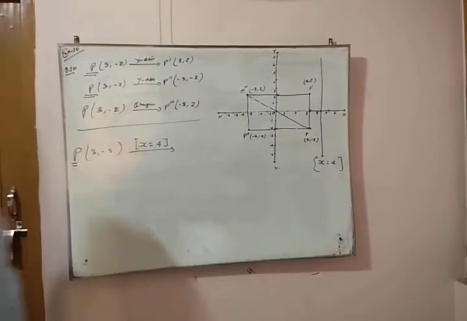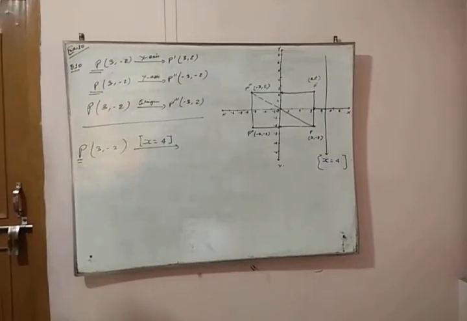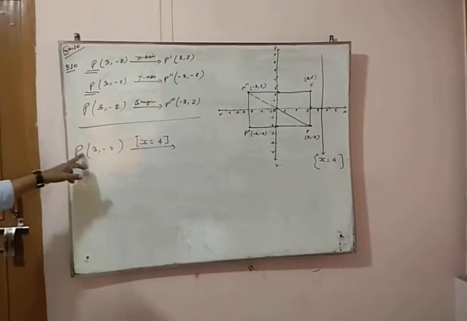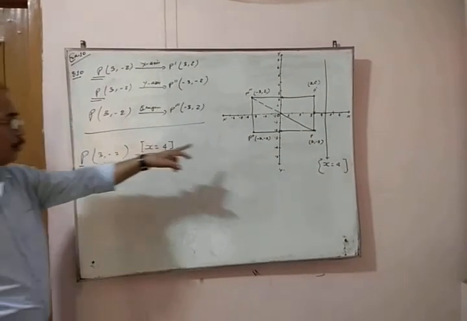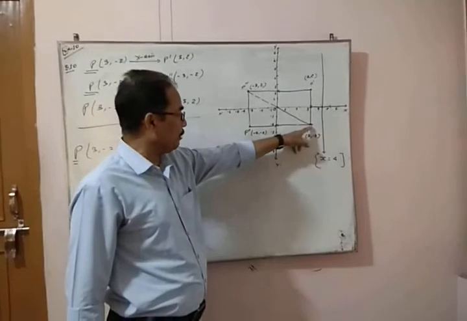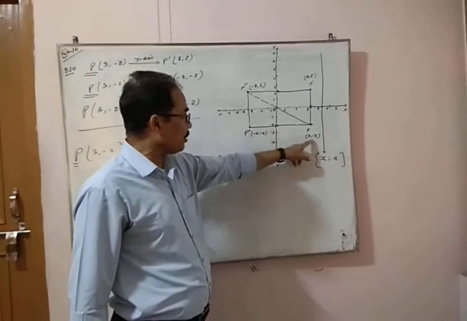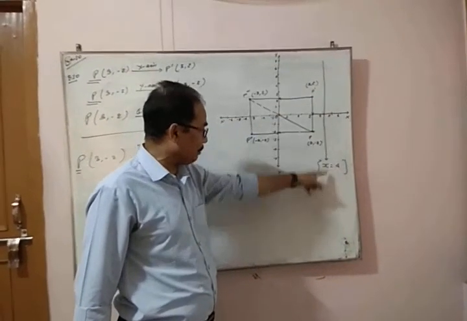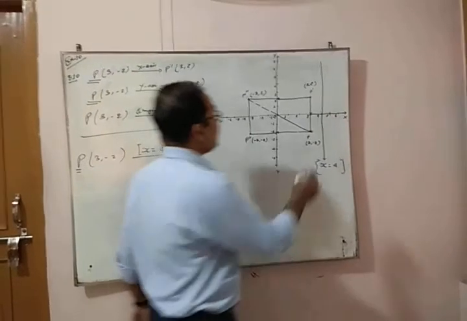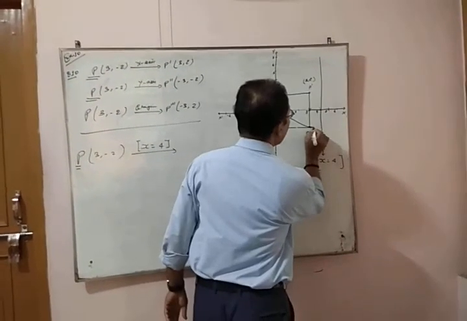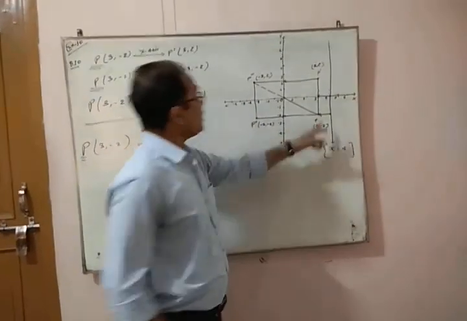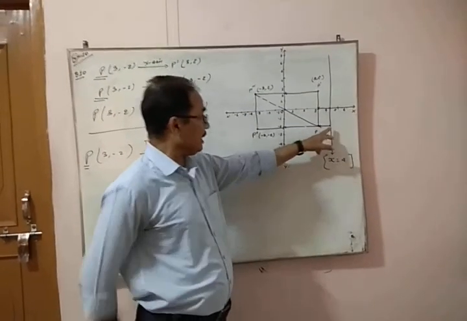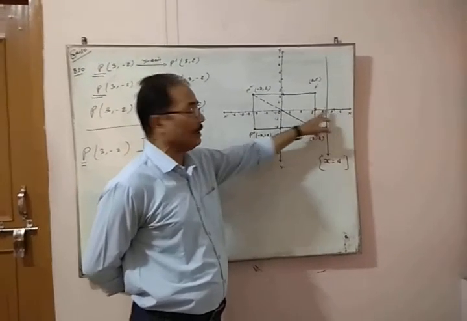Now see in the diagram for this particular question, how far the given point is from the given line of reflection. So this is your given point P, coordinates 3, minus 2, and this is your given line of reflection. This is the distance of the point from the line of reflection, and you see in the diagram this distance is 1 unit.